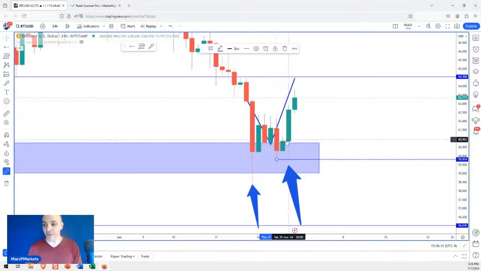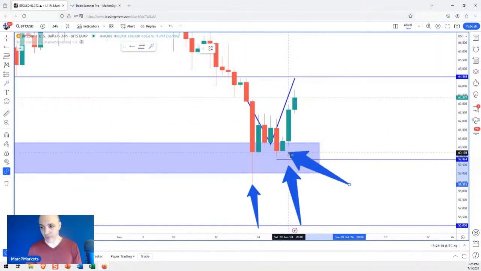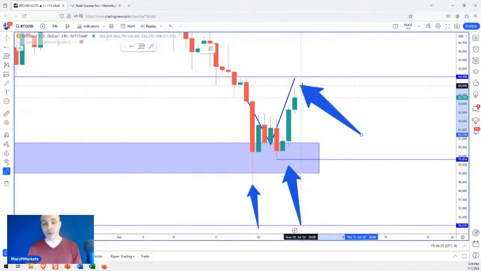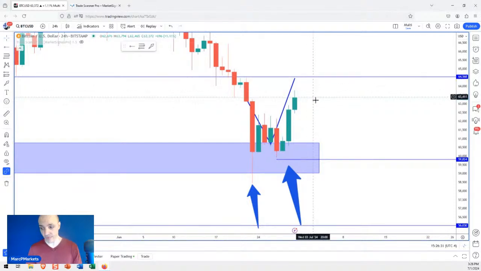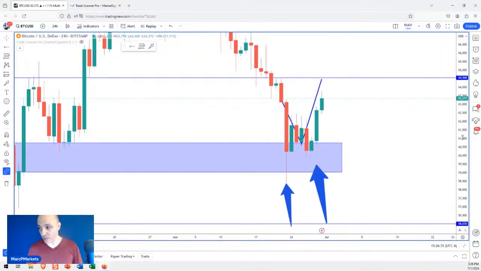So from that 61,115 entry, you're looking at what, 2,000 points? So you're risking about 2,000 points on this time frame based on that, and with potential of 4,000 points, something like that, approximately, which gives you 2-to-1 reward risk. That's acceptable. That's attractive. You should be thinking longs in such an area.